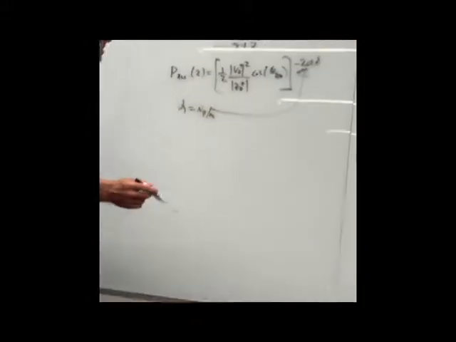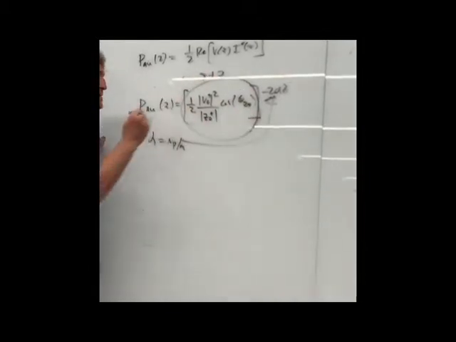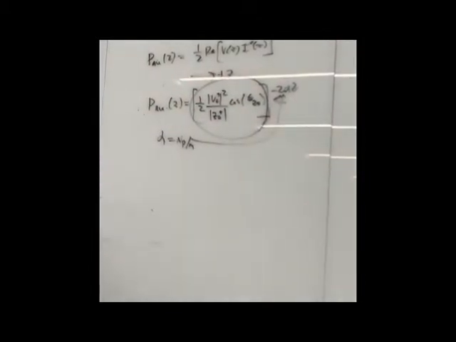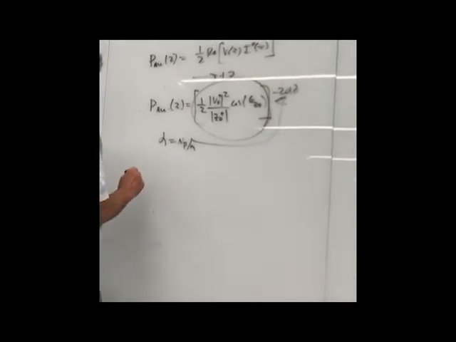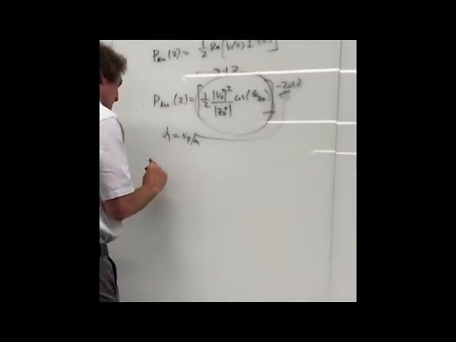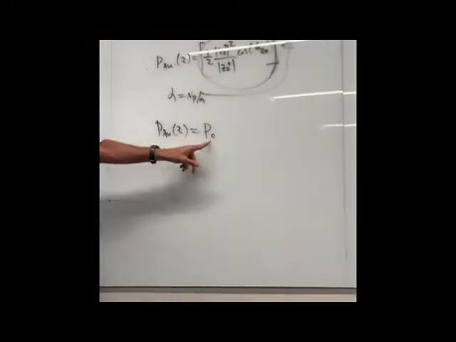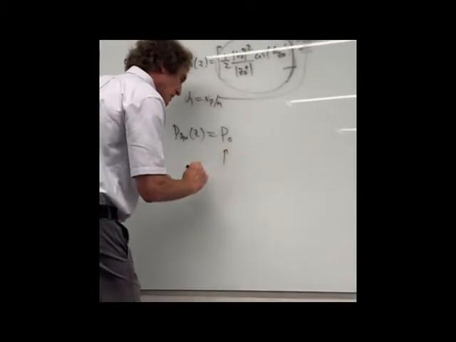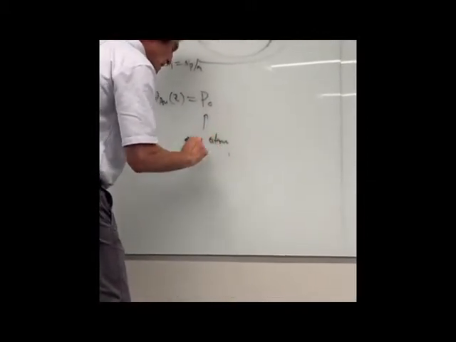Now, just look at this for 1 second. You all see how this term here is not a function of position? It's a constant, right? At a given frequency. So what we usually do is say the average power as a function of z is just some P0. And that P0 would be the power entering the transmission line.